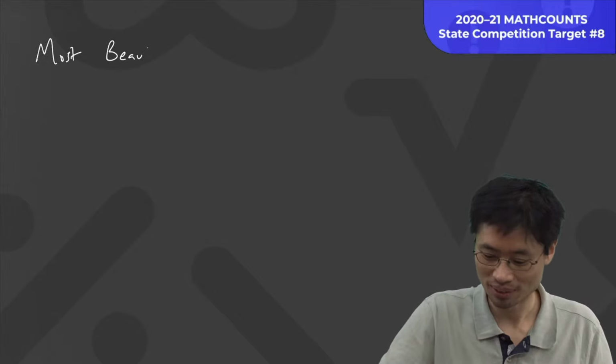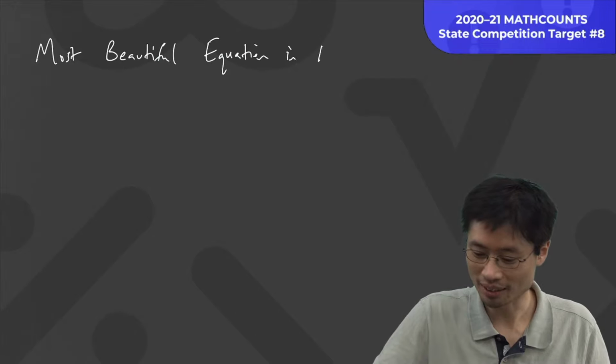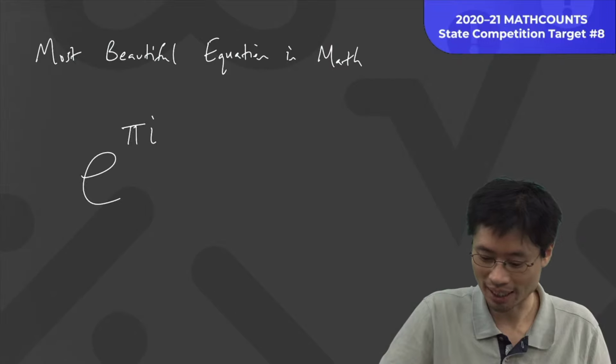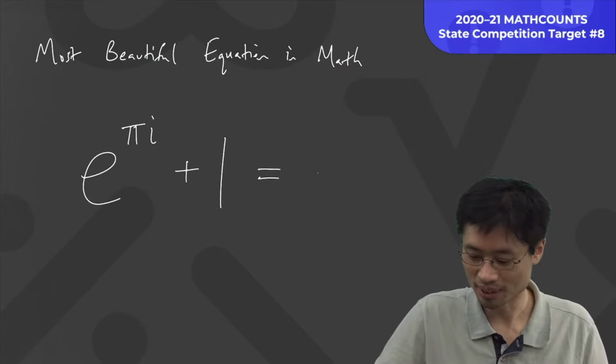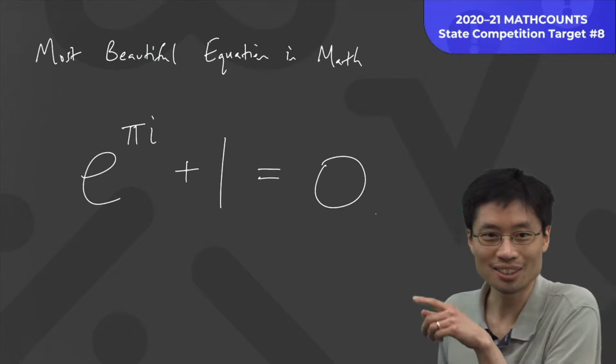A lot of people do. If you Google it, Google thinks so too. Well, Google just knows what people are saying. Most beautiful equation in math, that is e to the power of pi times i plus 1 equals 0.